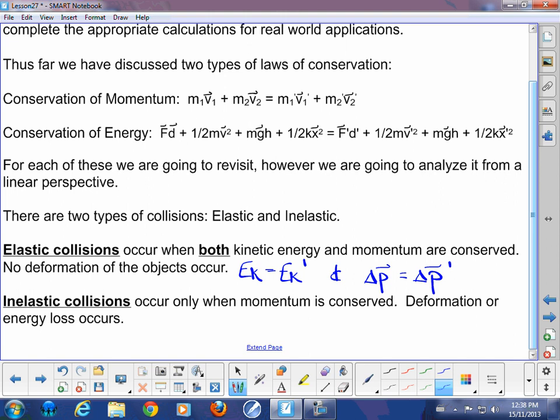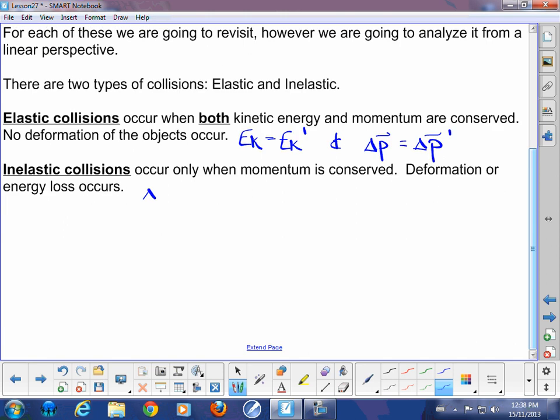Inelastic collisions only occur when momentum is conserved. So for this one, it's only the momentum that is equal before and after. What's happened is there's been some deformation or energy transfer. It could be sound energy, could be heat energy, but some form of energy transfer has occurred.